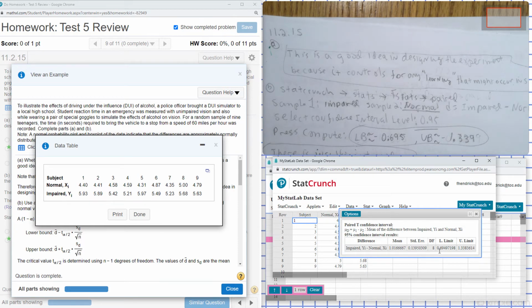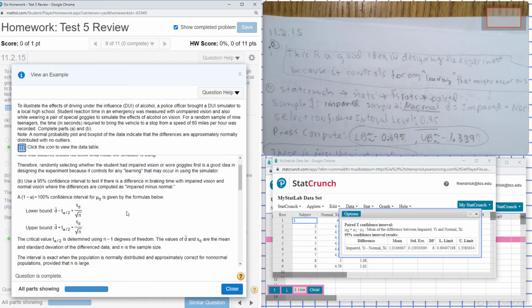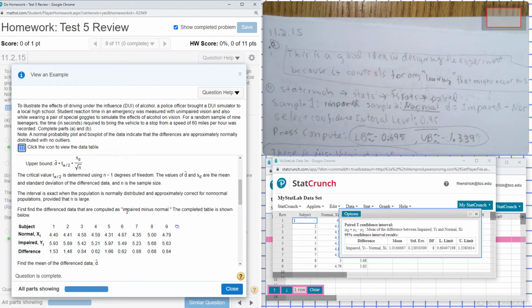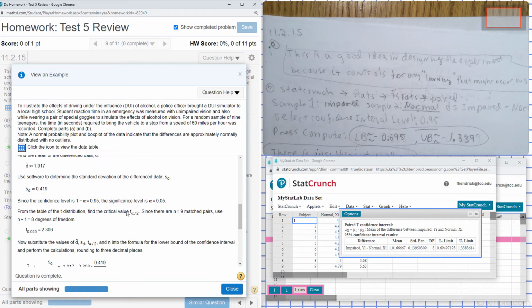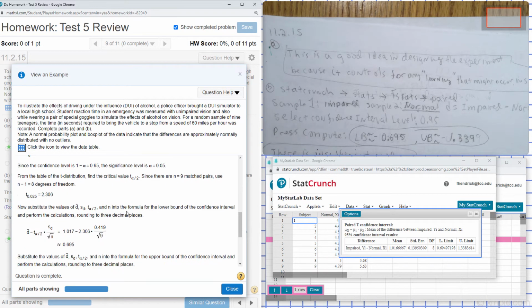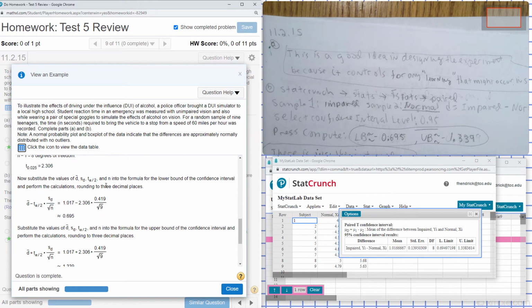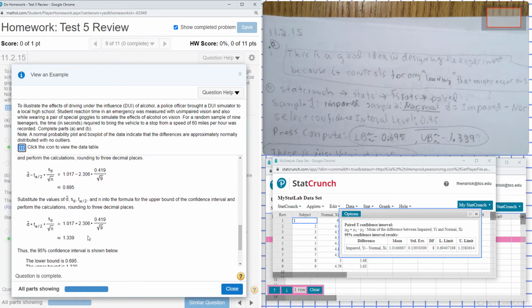So it gives me my lower bound and my upper bound. There's my lower bound, and then I can see my upper bound here. It's at 1.339, and my lower bound is 0.695.